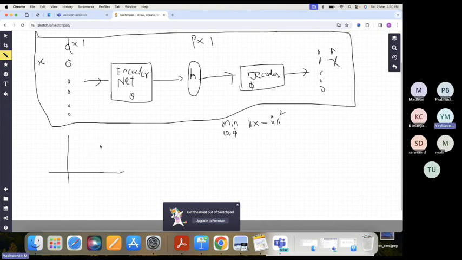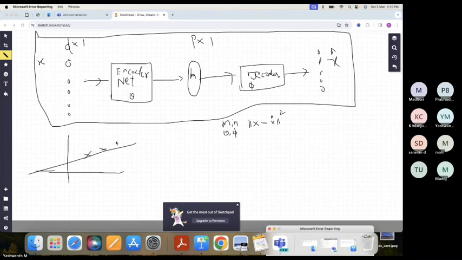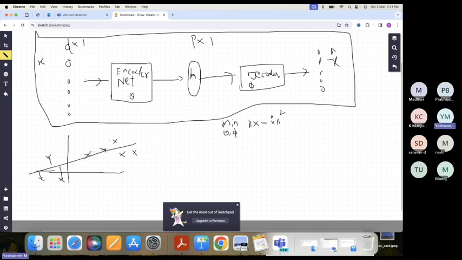You have some data, let's say something like this, and what you do is project it here, and then you maximize the variance.